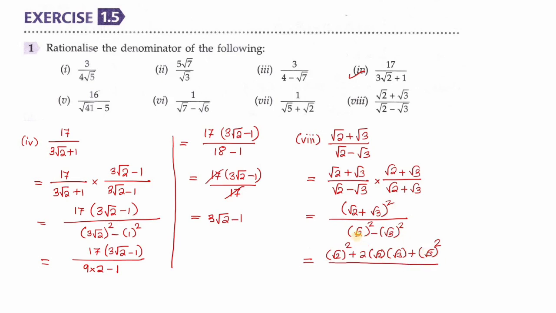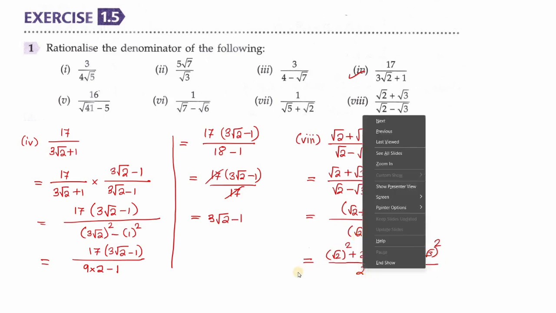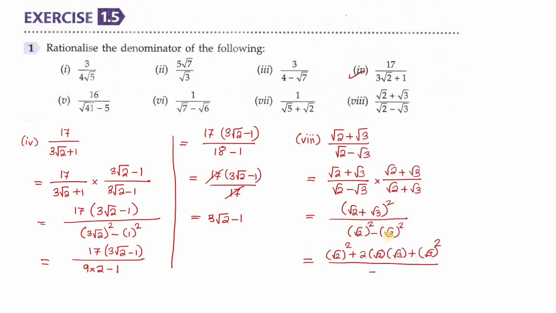Whole divided by, you have root 2 square is 2 minus root 3 square is 3. Let me do the rest of the part on the other side. Is equal to, so root 2 square is 2 plus, now you see here it is 2 root 2 into root 3.